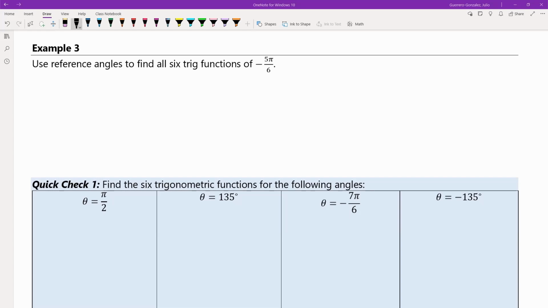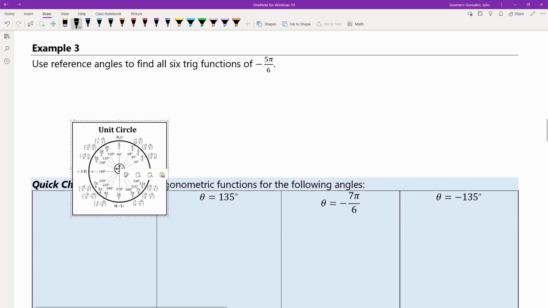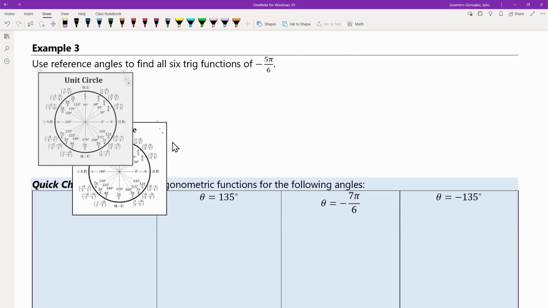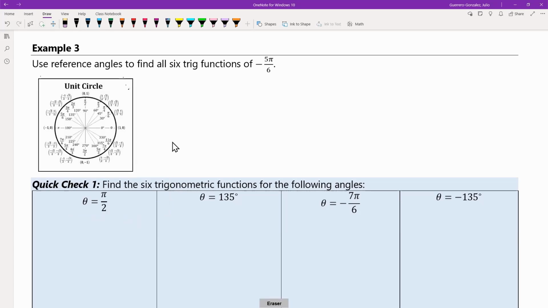First thing, actually, let me do this. I'm going to grab this, copy, paste. Oh, come on. There we go. Bam. I just grabbed the unit circle and threw it into our notes.